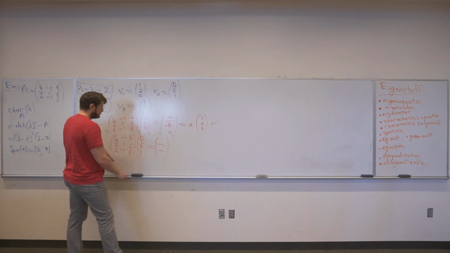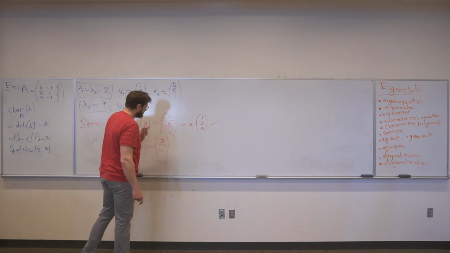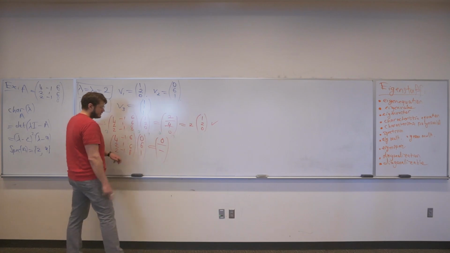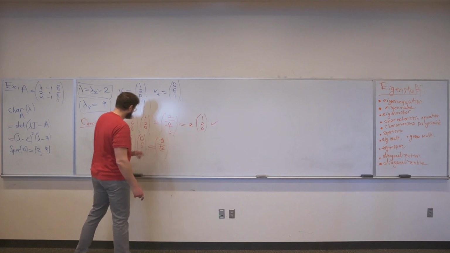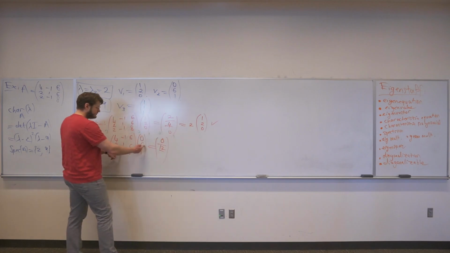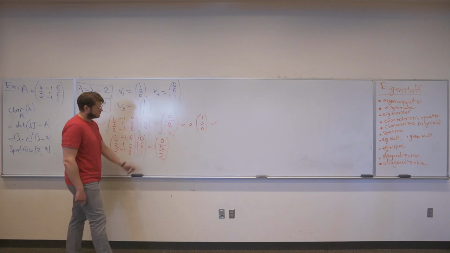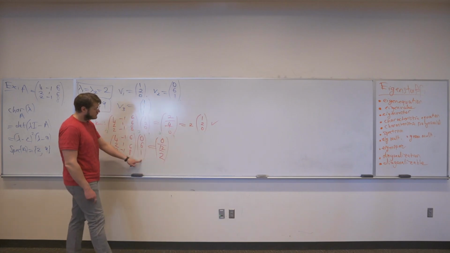This by this is 0. This by this is minus 6. This by this is plus 6. So I get back a 0. This by this is 0. This by this is 6. This by this is 12. This by this is 0. This by this is minus 6. This by this is 8. Okay, so you see, this is again twice the input vector.